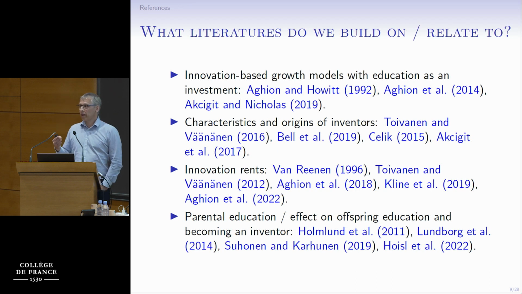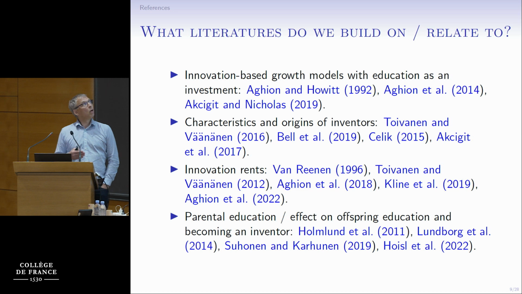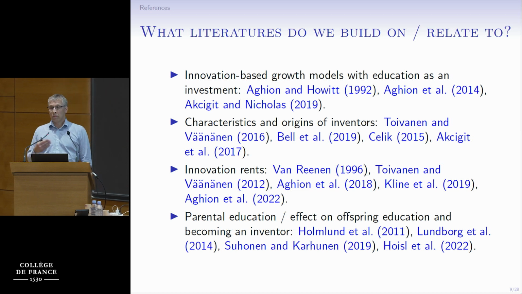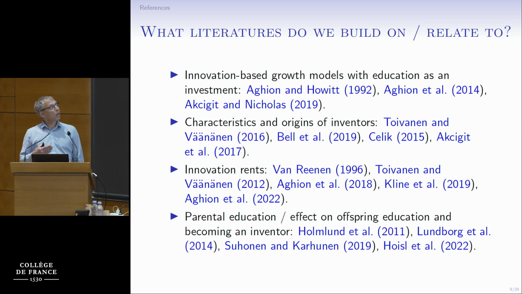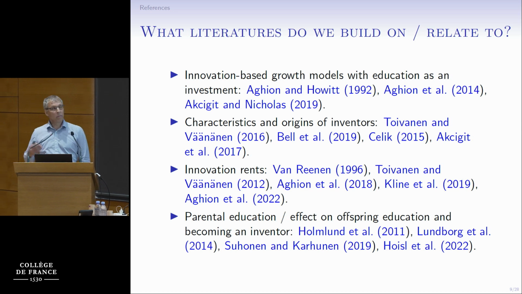Obviously, we're standing on many shoulders and leaning on even more. And so the theoretical motivation comes from growth models where education is an investment. And I think it was Chad who's written somewhere that the more inventors we have, the more ideas we have, and the richer all of us get. And so that's the motivation for this. There's a literature looking at the characteristics and origins of inventors. Many people in the room have contributed to that.